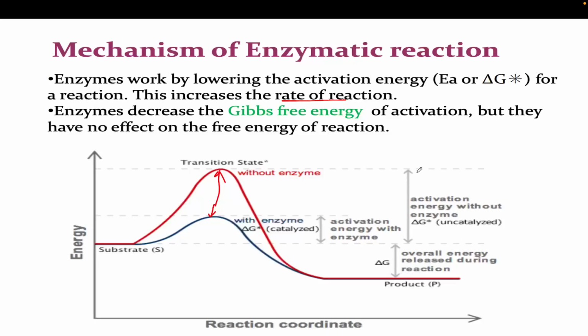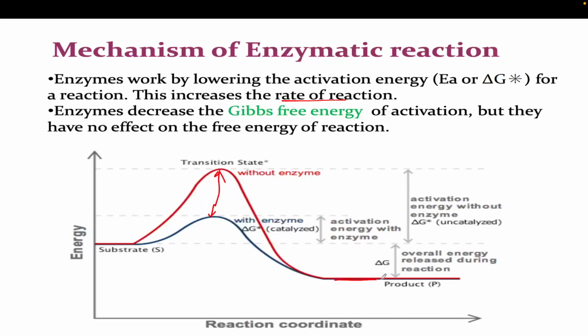It is only decreasing the activation energy, or the transition state energy, as well as increasing the rate of the reaction, but at the same time it is not changing the overall free energy of the reaction.